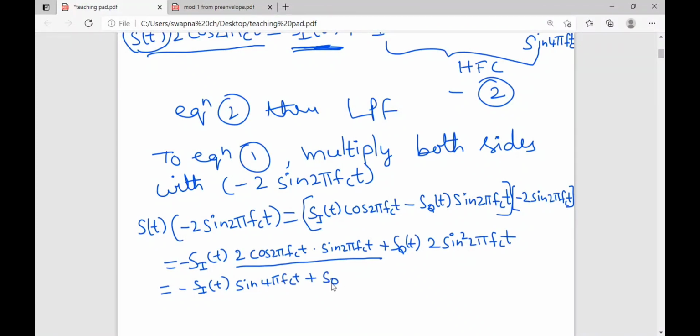Plus SQ of t into 2 sine square 2 pi fct can be represented as 1 minus cos 4 pi fct. Okay, it is not cos 4 pi fct minus 1, it is 1 minus cos 4 pi fct divided by 2. It will be sine square theta.